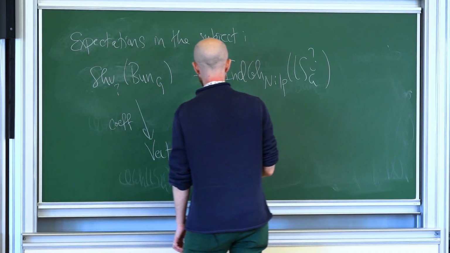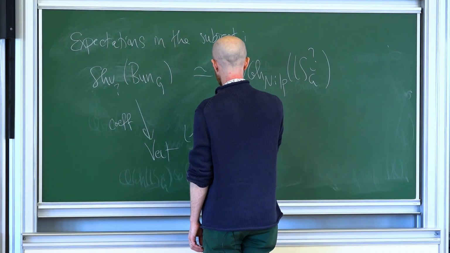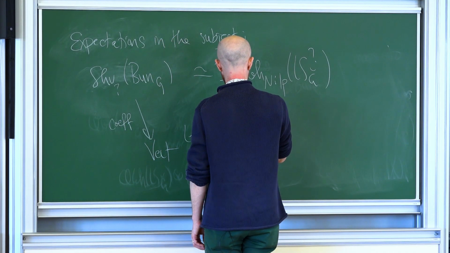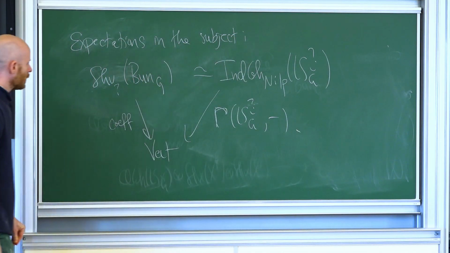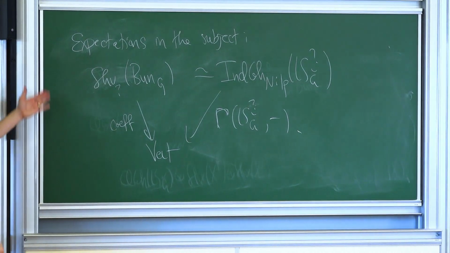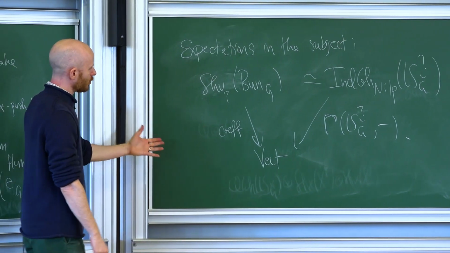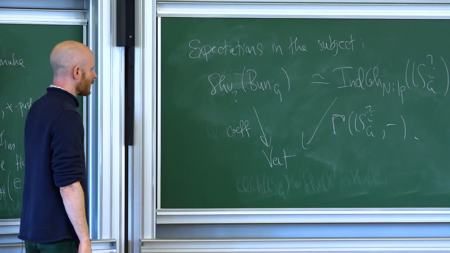And this is supposed to correspond to the global sections of the locus over here. And this is what people call the Whittaker normalization of geometric Langlands.